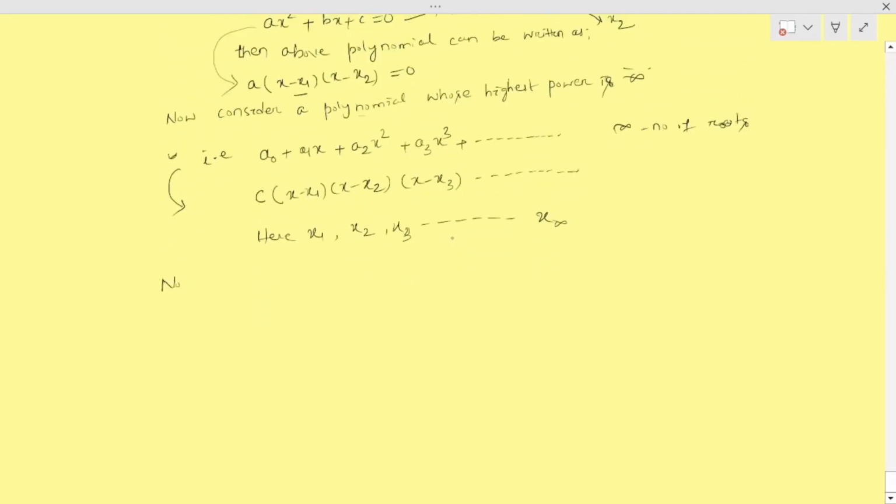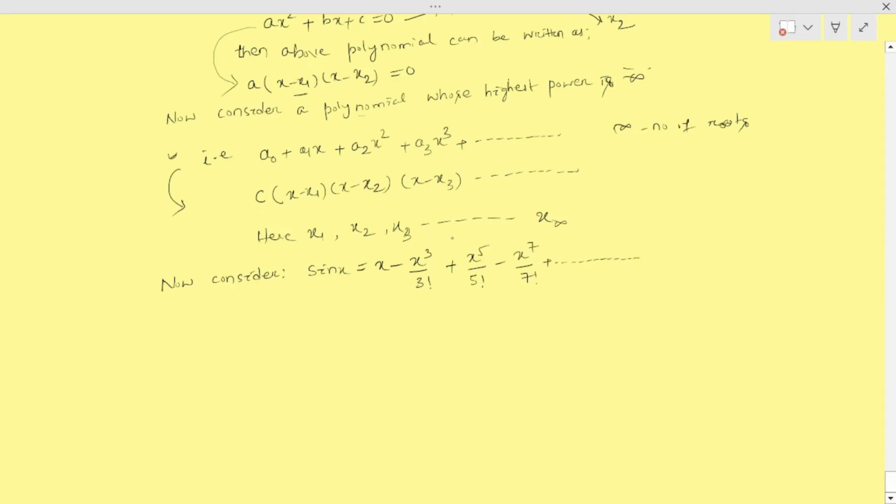Now we are going to consider sin x, the expansion of sin x, or the so-called Taylor series of sin x about x equal to 0. It is nothing but like this: plus x to the power 5 by 5 factorial minus x to the power 7 by 7 factorial plus and so on.